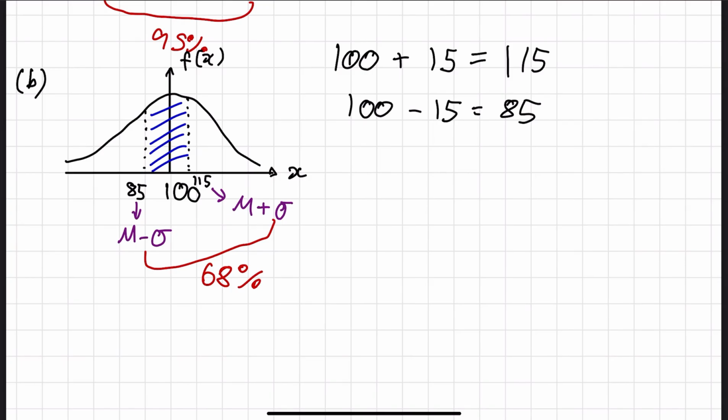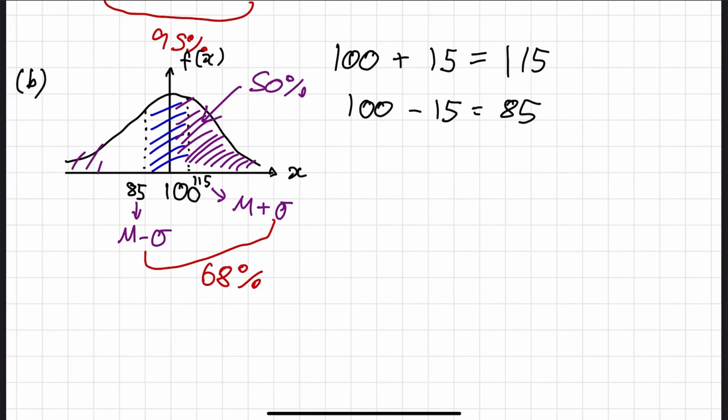Another fact I know is that the normal distribution curve is symmetrical about the mean. So here's my mean, and that means I know that this area over here on this side is 50%.